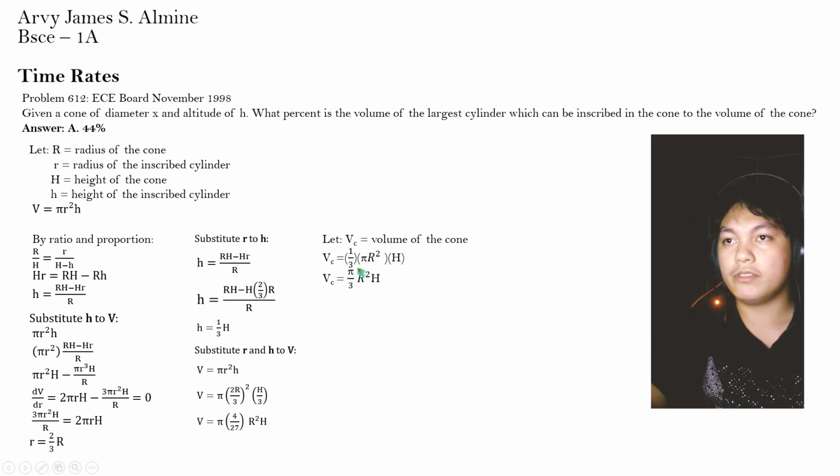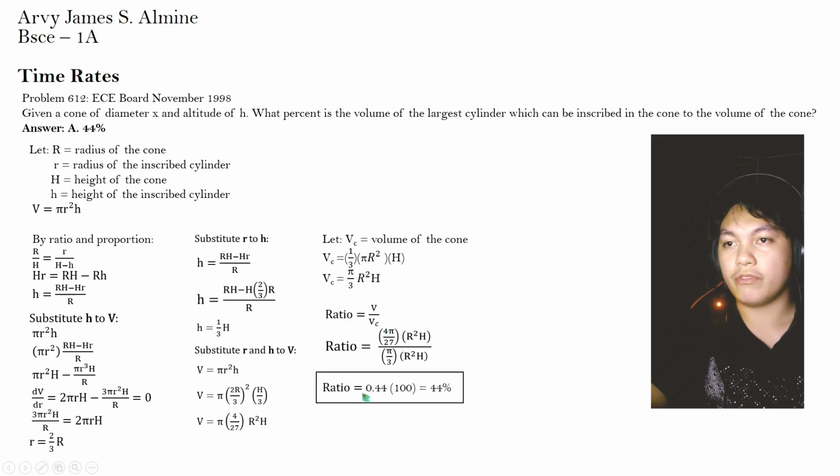VC is equal to 1/3 times pi R squared times H. VC is equal to pi over 3 times R squared H. Our ratio is equal to V over VC. Our ratio is equal to 4 pi over 27 over pi over 3. If we solve this, we get the answer of 0.44. So 0.44 times 100, we get 44%. That's all. Thank you. God bless.